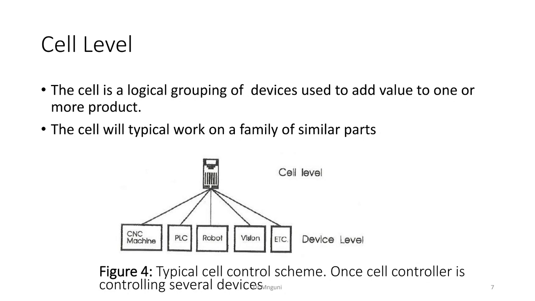Meaning the grouping that the cell does is similar to the functions of the devices. If you've got devices that are sensing certain product, they will group together for sensing. And if you've got devices that are for moving the product, all the devices that are doing the movement will be grouped together.